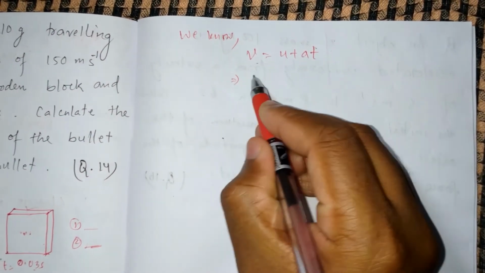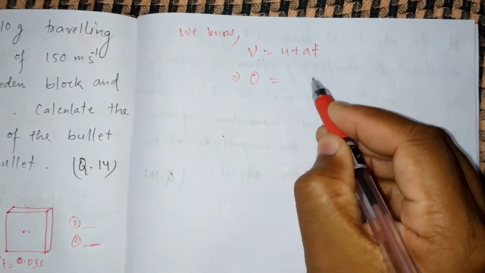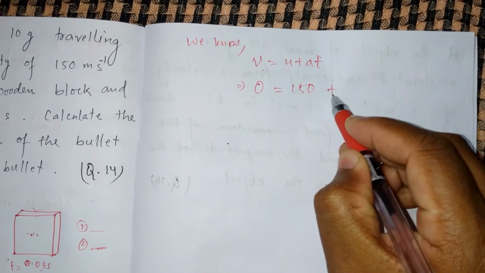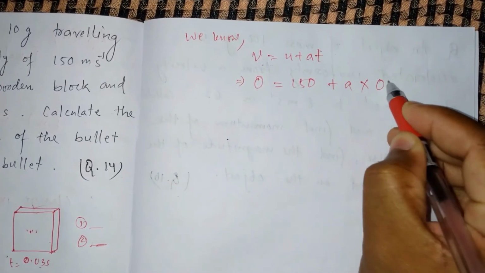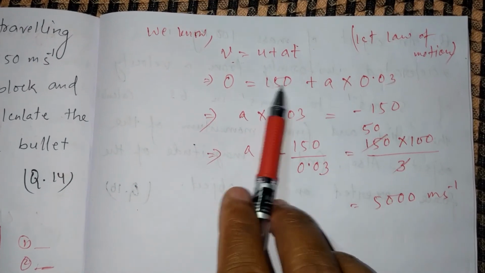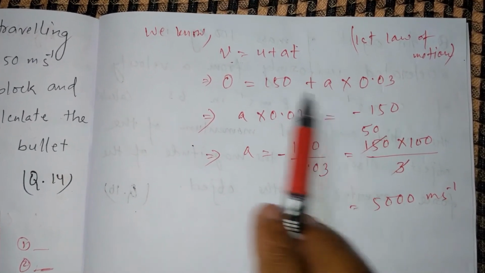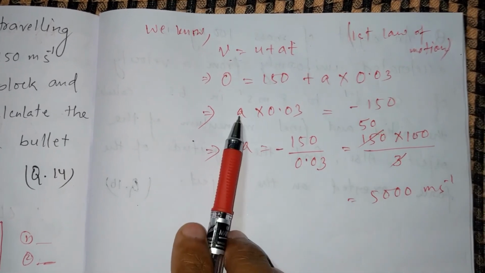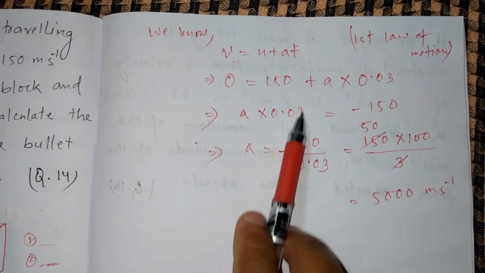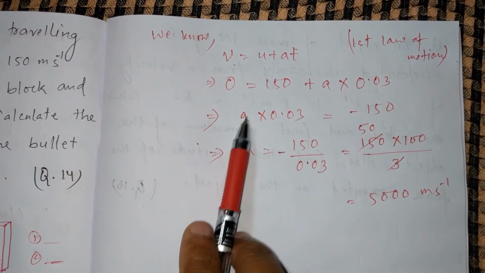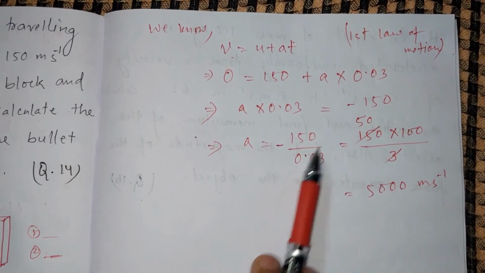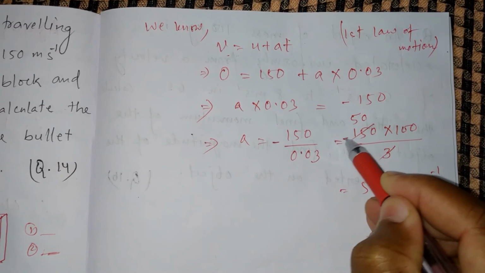The value of v is 0, u is 150, a we need to find out, and t is 0.03. So I keep the a times 0.03 on the left side and move the rest to the right side. So a into 0.03 equals minus 150, so a is minus 150 divided by 0.03. It will be minus, obviously, and the result will also be minus.